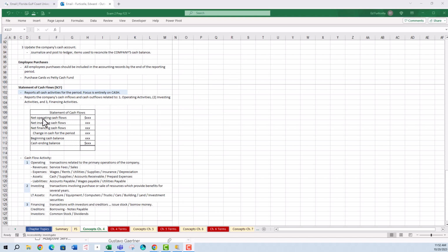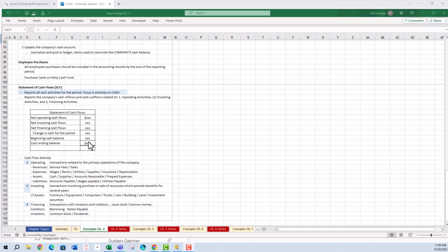Once you know the net cash flows for each of the three categories, you'll total them to get the change in cash for the period under consideration. You'll take that change, add it to the beginning balance in cash, and get your ending cash position.